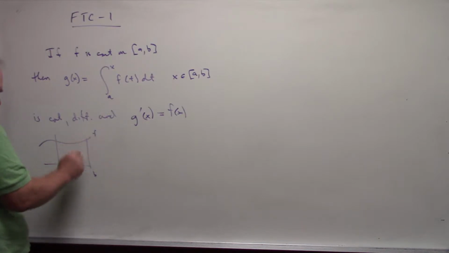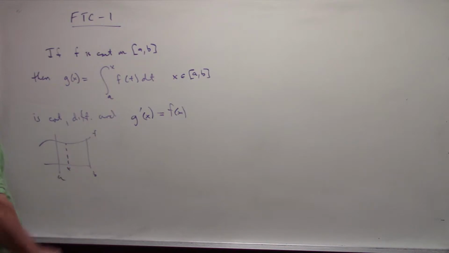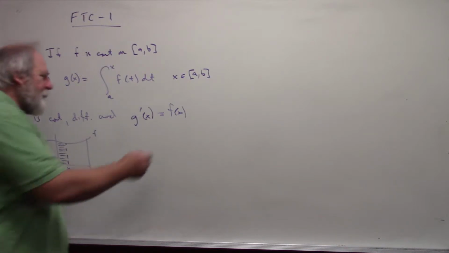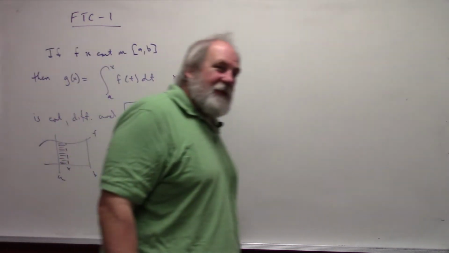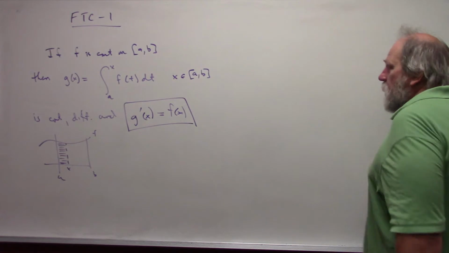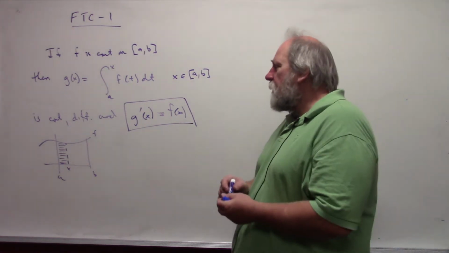If this function is non-negative as I drew it, then as x moves, we get the area under the curve from a to x. But this is valid even if my original function is not non-negative. In that case, it wouldn't be an area function, but still. Now, the important part, and we're not going to prove this, we'll just take it on faith, is that g prime of x is f of x.